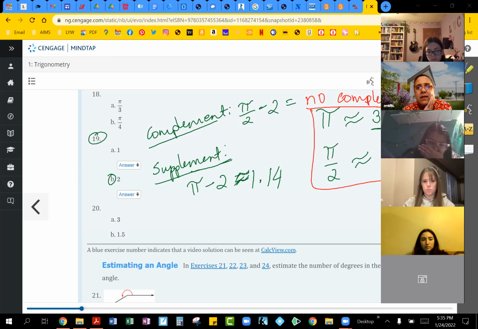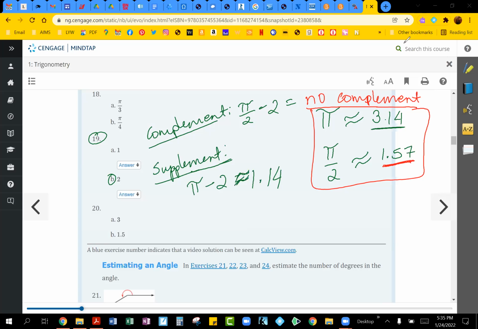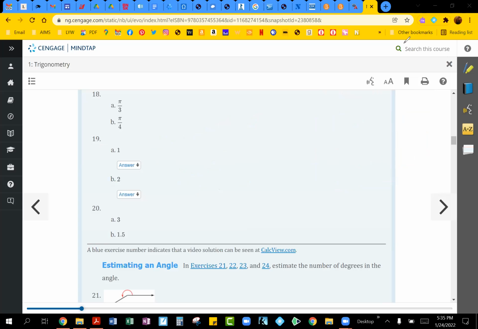Yeah. And it might actually come down to where you may have to do a couple of these examples to get a little bit more comfortable with them before you are able to come up with the answers. So just be mindful that we cannot do the negative to compensate for the complement or for the supplement. That's not an option available.